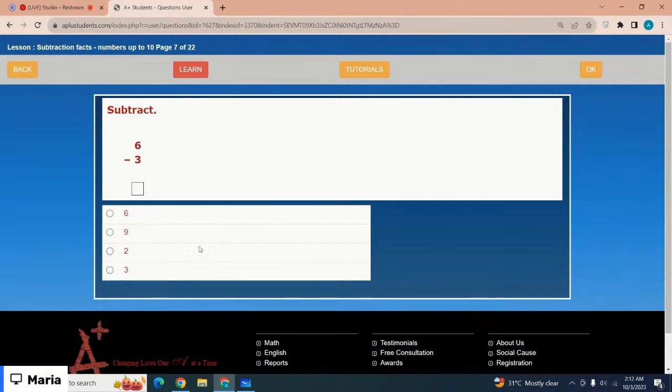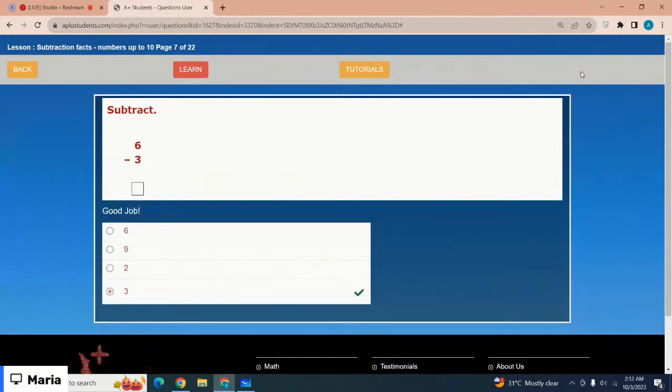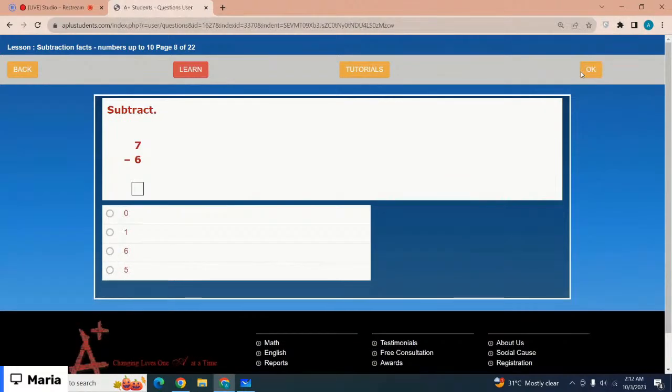The correct option is 3. The next one is 7 take away 6. So, which is the correct option?